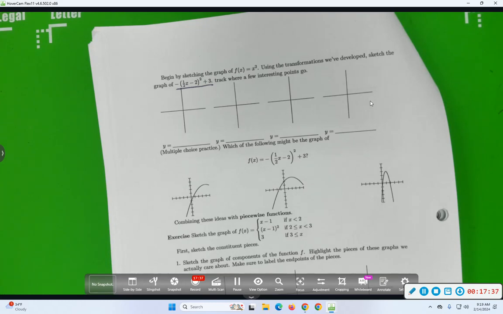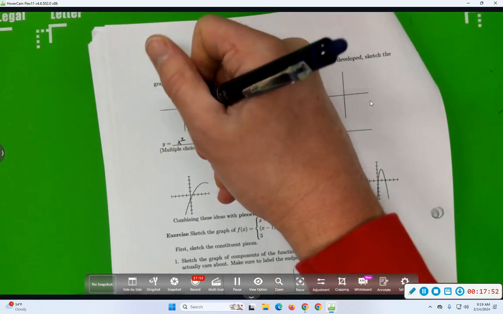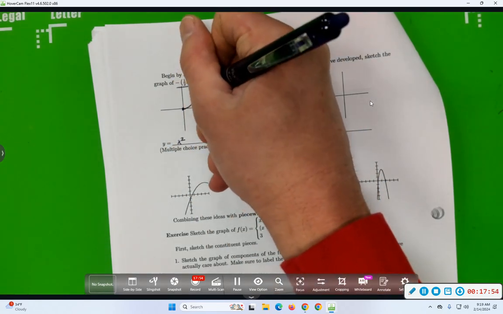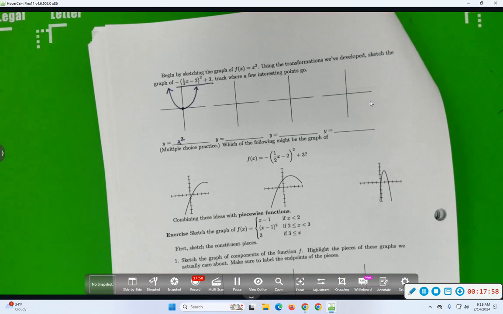So what elementary function should we start with? The squaring function? All right, that's the interesting thing that this function does. So let's start with y equals x squared, and track some interesting points.